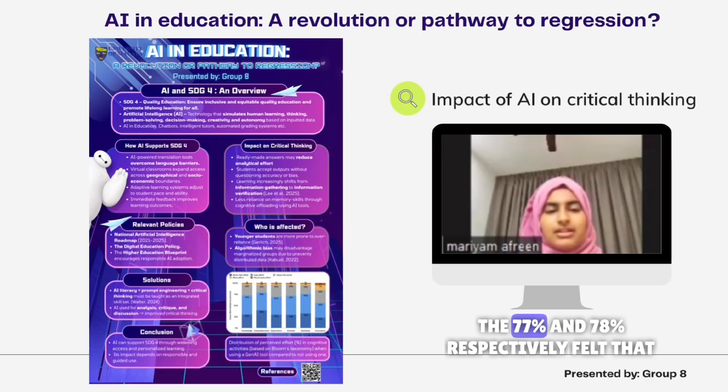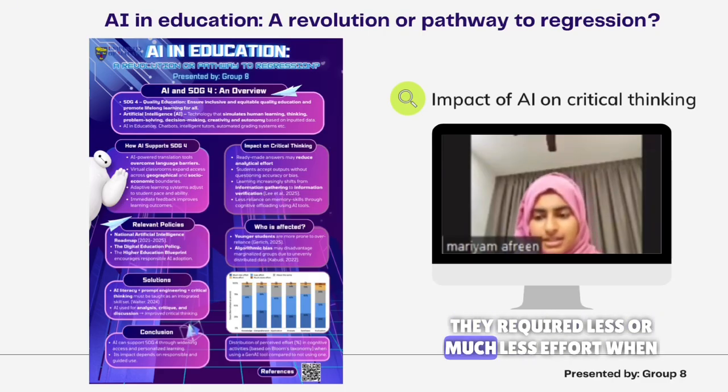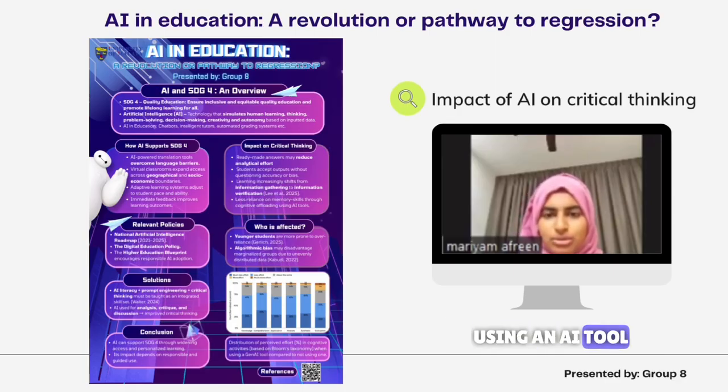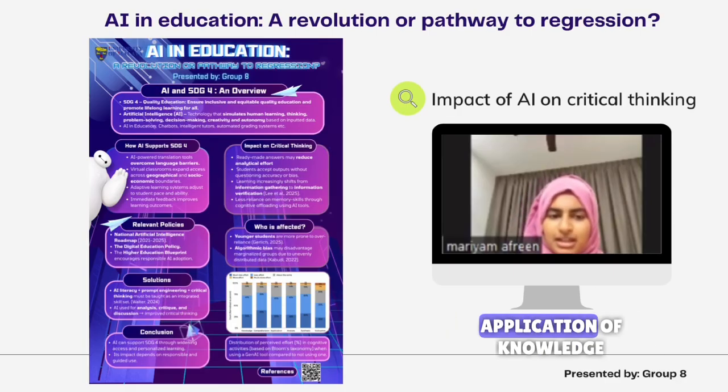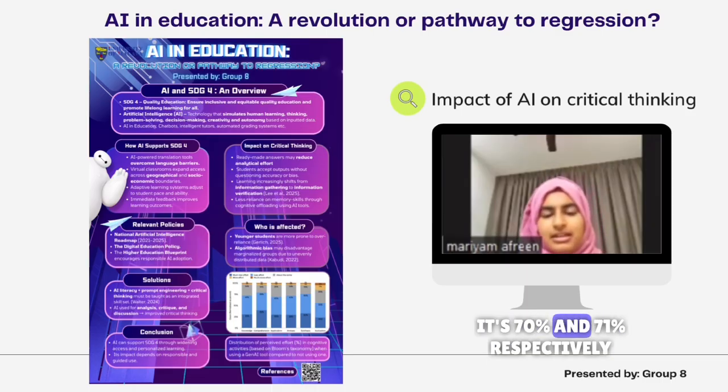The 77 and 78% respectively felt that they required less or much less effort when using an AI tool. And for parameters such as analysis and application of knowledge, it's 70% and 71% respectively.